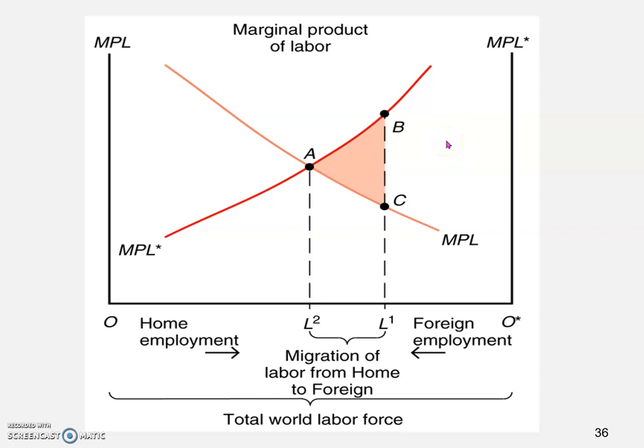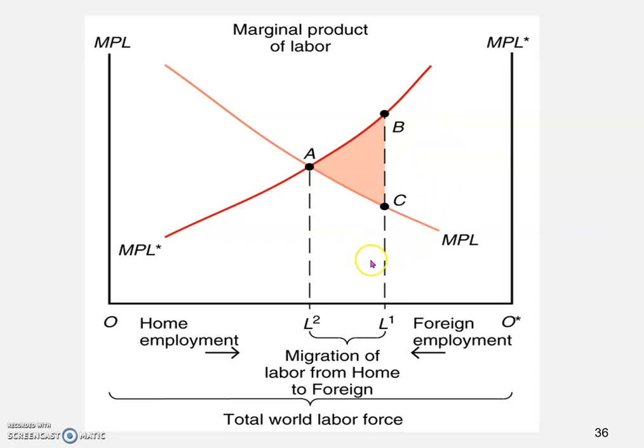In other words, immigration will take place. As we said before, because foreign has a higher living standard, people in home would like to migrate to foreign, pursuing a higher wage.